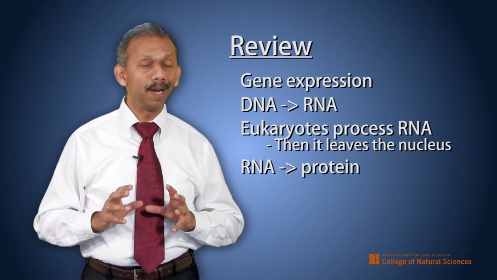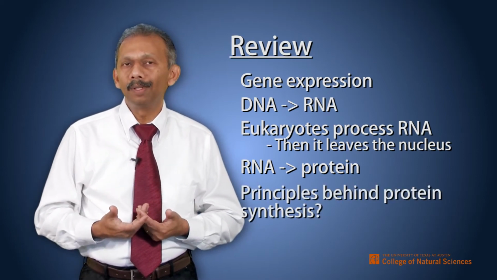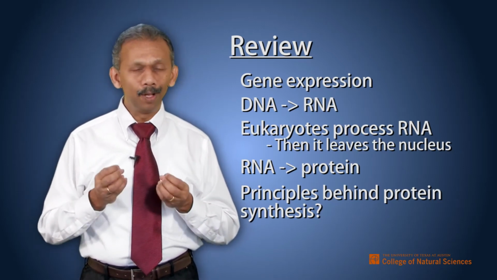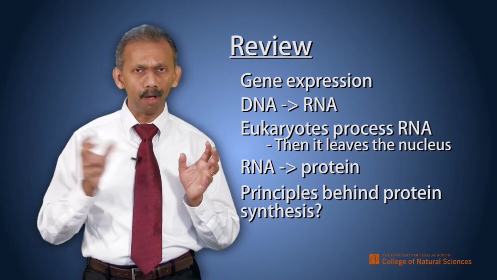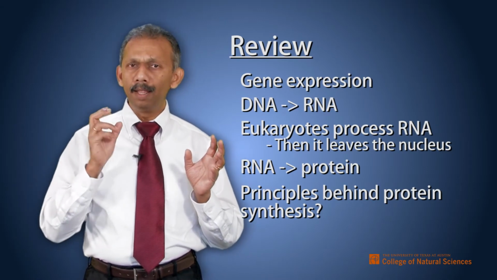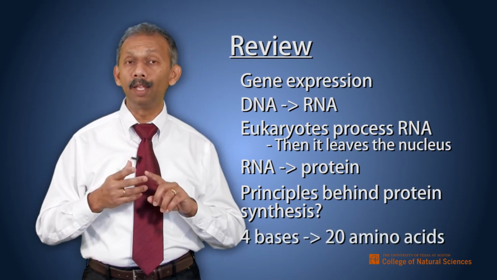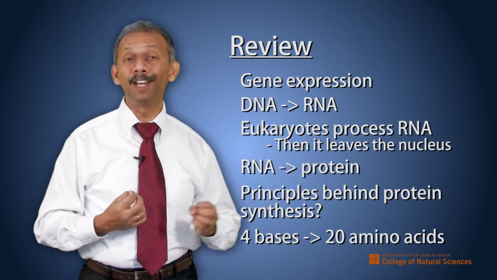Before you step into protein synthesis, we have to understand what is the principle behind protein synthesis. What is going to happen there? If you think of the logic, the mRNA contains the coding information called codons, and they can be only of 4 bases, G, A, U, and C. How can these 4 bases code for 20 different amino acids?